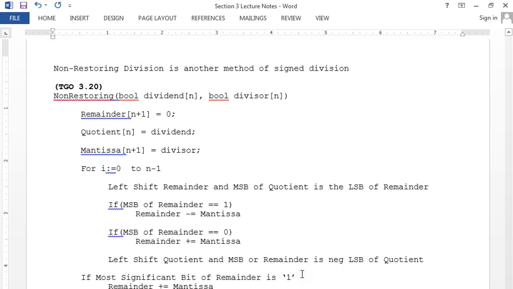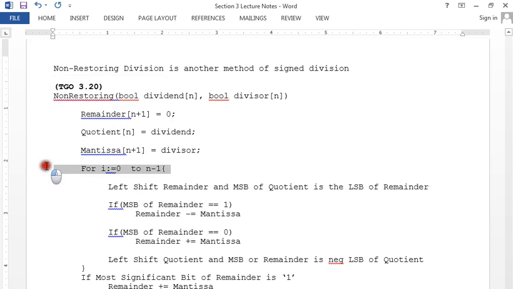So the difference here is we're not going to restore every iteration. We're going to do something here at the end, though. So every iteration, the loops, to put brackets here, would end here. That's the difference. Same initializing steps as before.